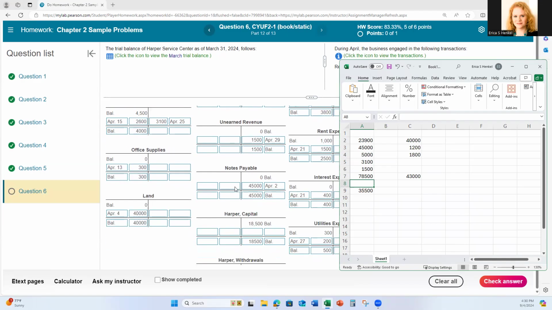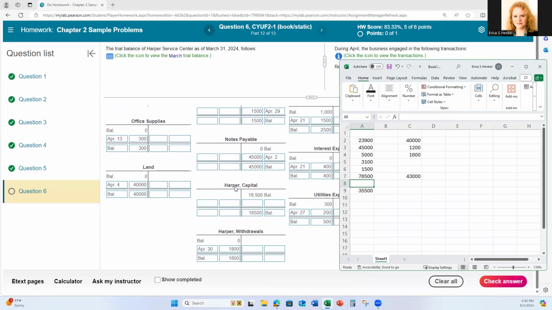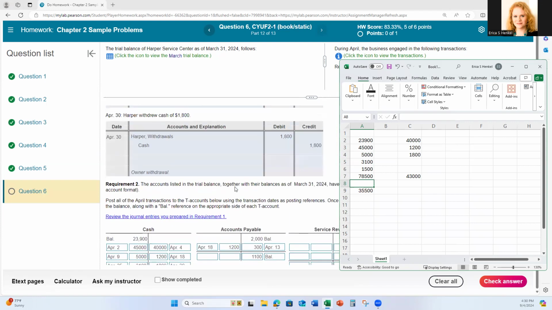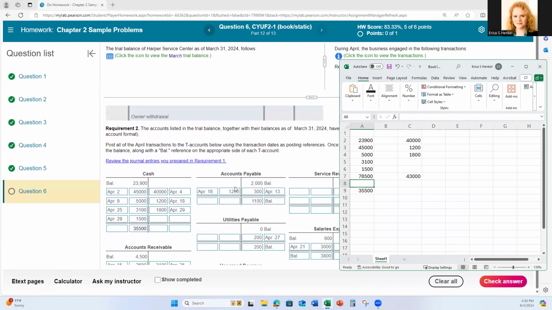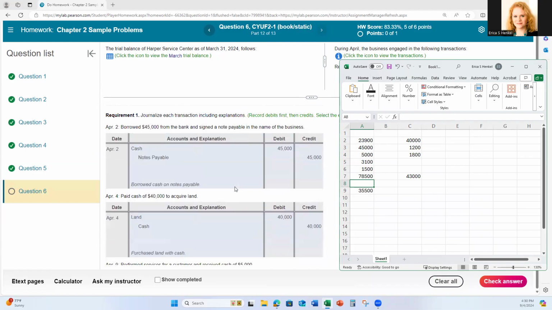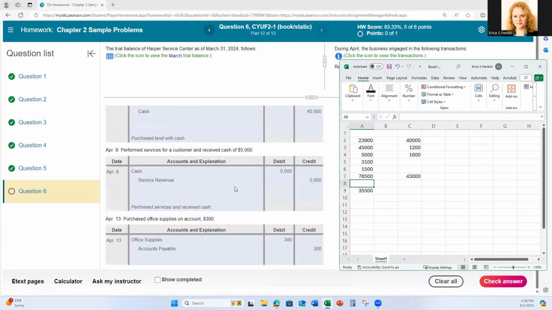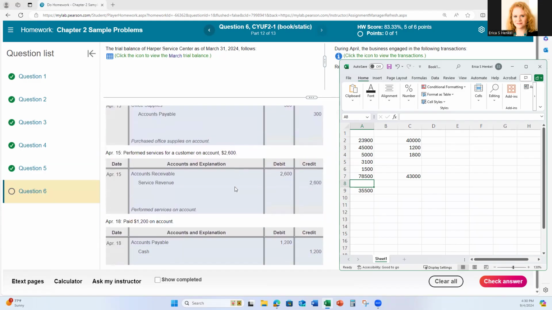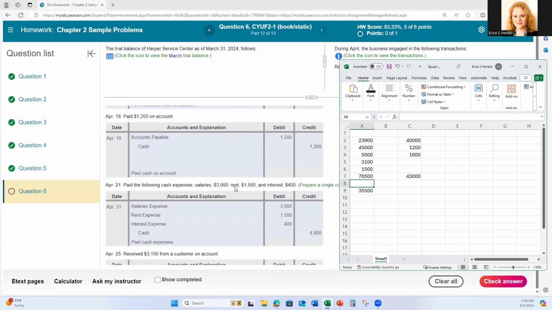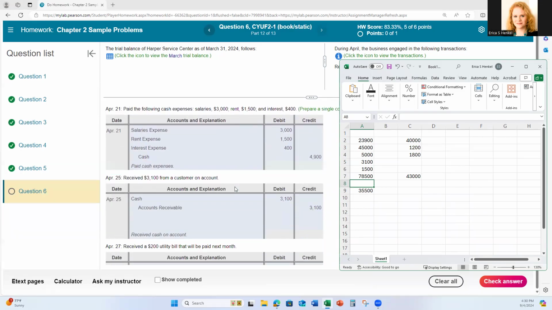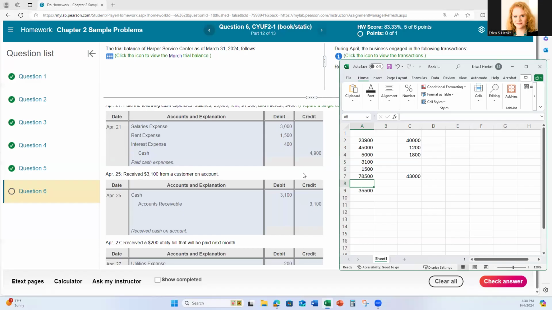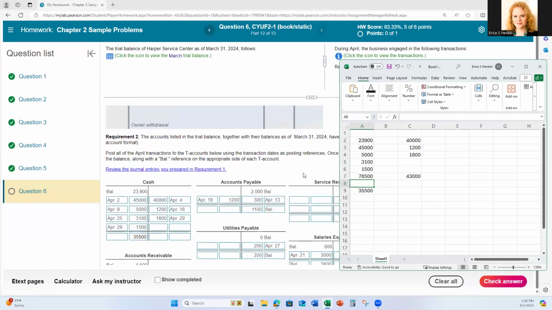Am I missing something here? Let's double check. So we've got 4 debits and 3 credits here. So we've got debit, credit, debit, credit. There's another credit. Ooh, I don't think I got that. There we go. 4,900 of cash. I forgot that one.